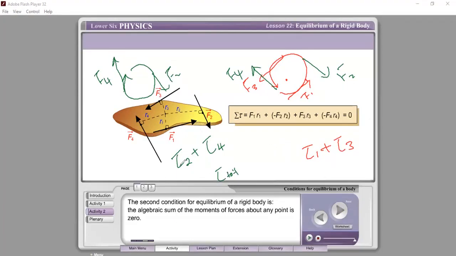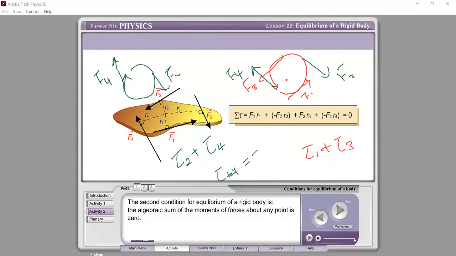Let's say the total for the left side, the green color, equals the total for the red color.